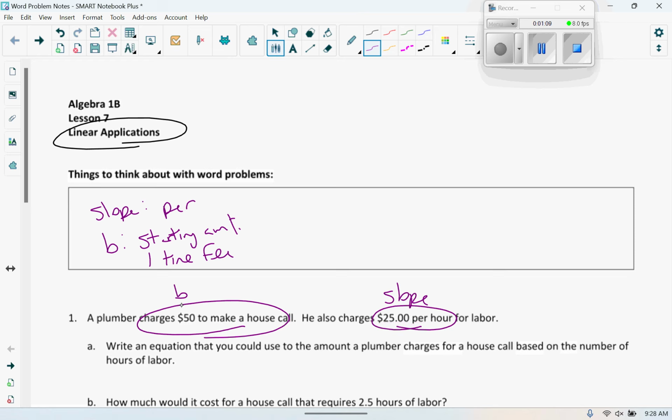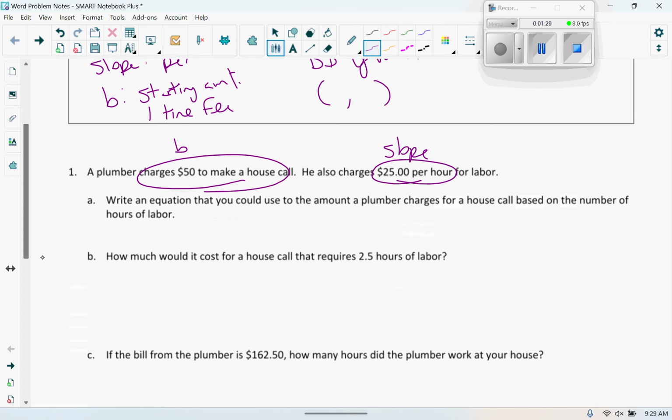Something else to keep in mind is a lot of times your money is usually your Y value. And a lot of times this leads me to coordinate points. Word problems might give you a coordinate point. Let me look for one here.